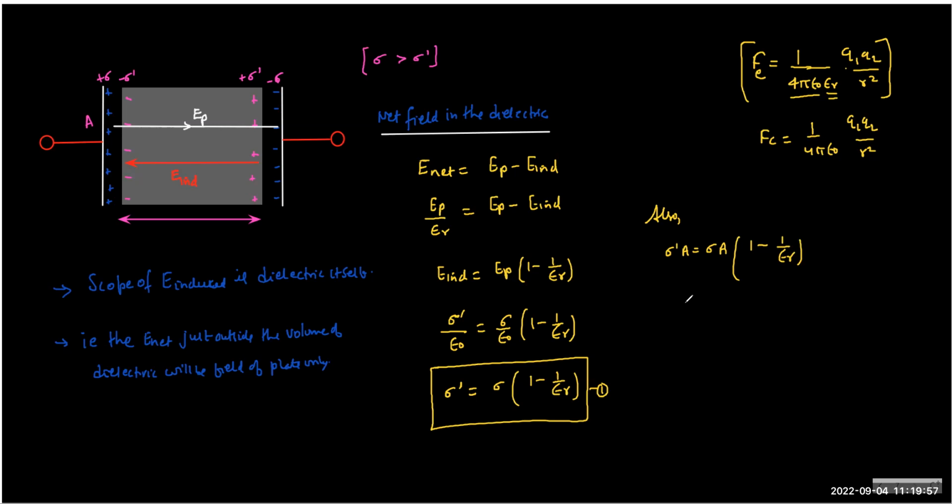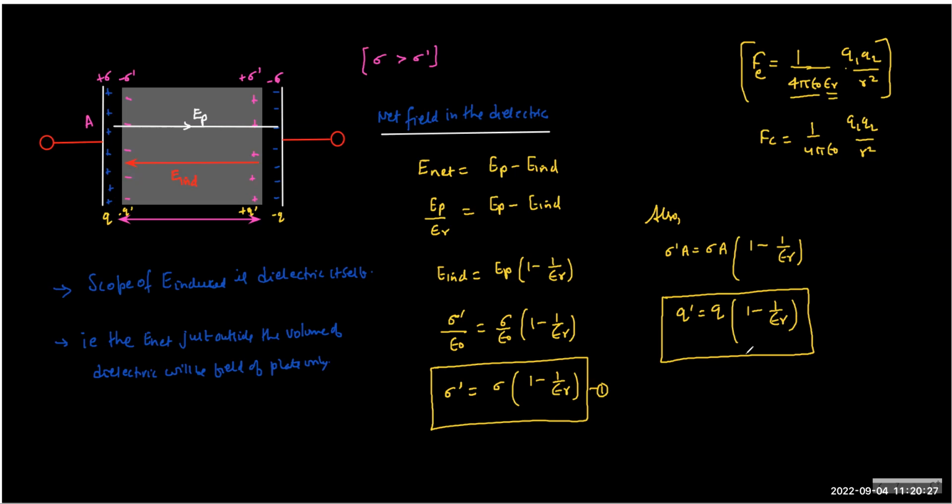So can we say Q dash equals, let's call it Q, into (1 minus 1 by K)? Can we say like this? Yes, sir.